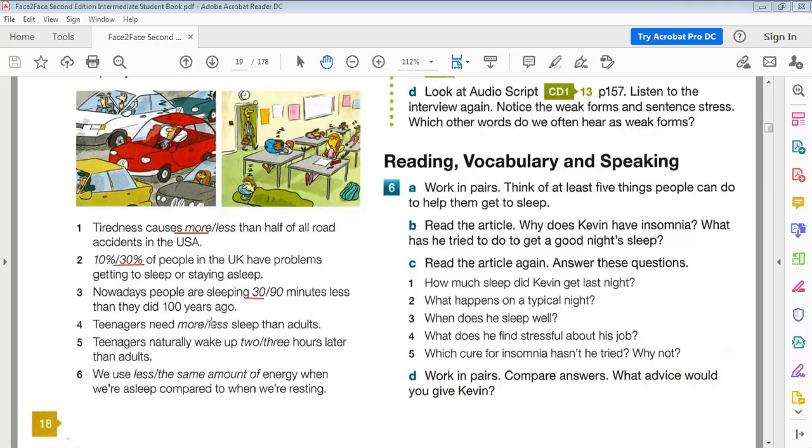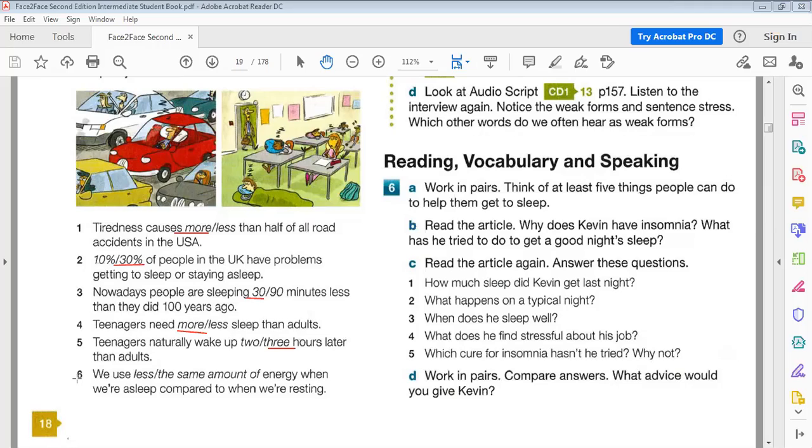You think they need more? More, yes. And Hajar, what about number 5? Teenagers naturally wake up 3 hours later than adults. Do you think 2 hours later or 3 hours later than adults? I think 3 hours later.